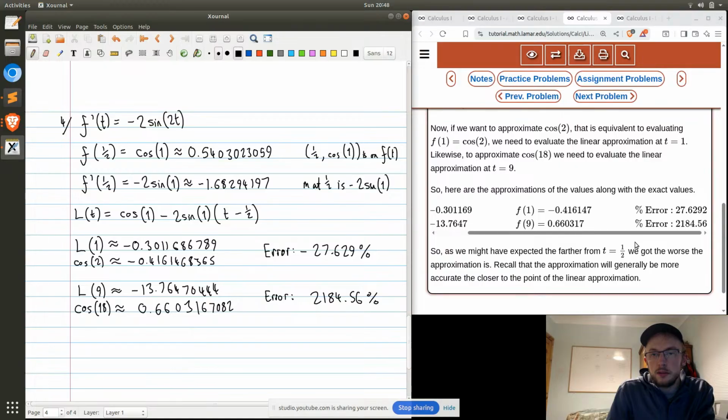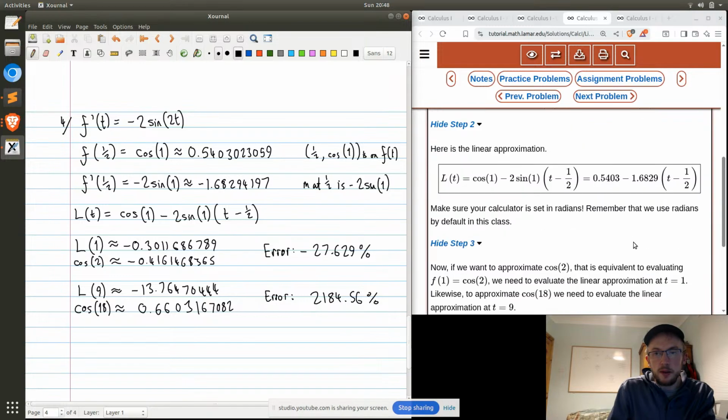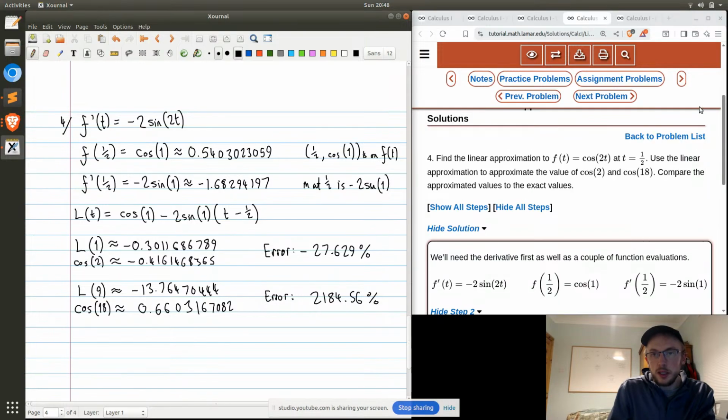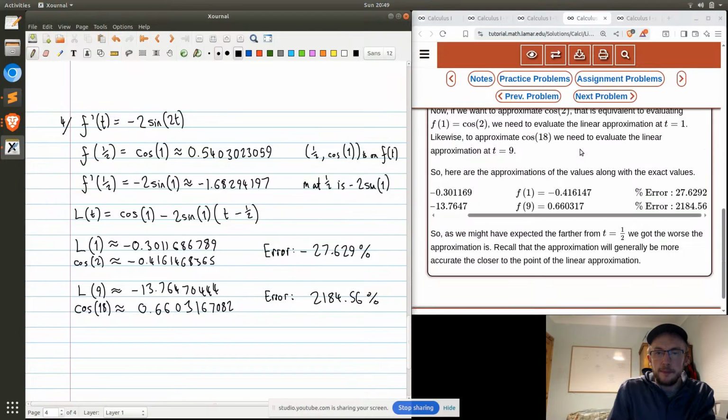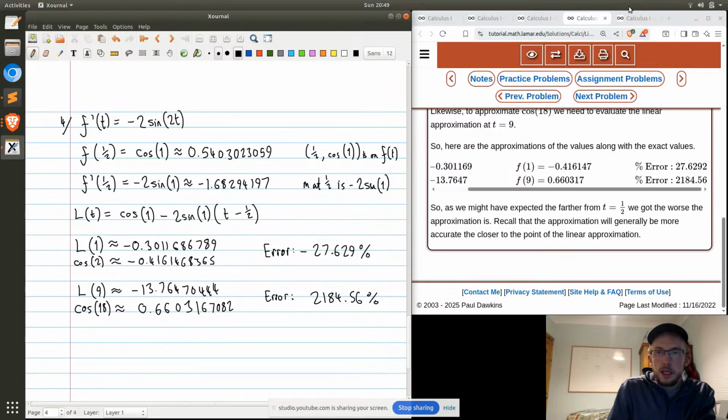Because these are sinusoidal functions, they're bound within a range. And so using a linear approximation for a great big value that's really far away from where you took the approximation is stupid. Very stupid indeed. It's not going to get you anywhere close to the answer. All right.